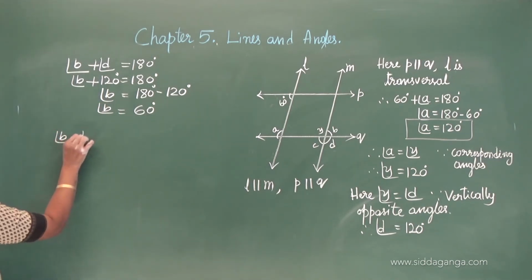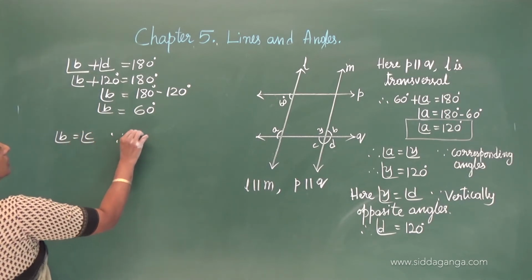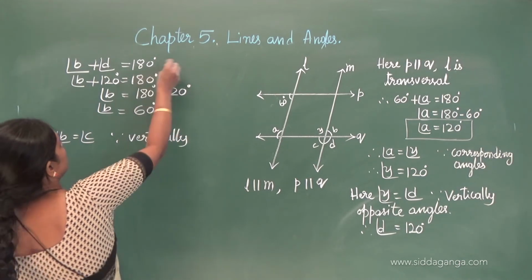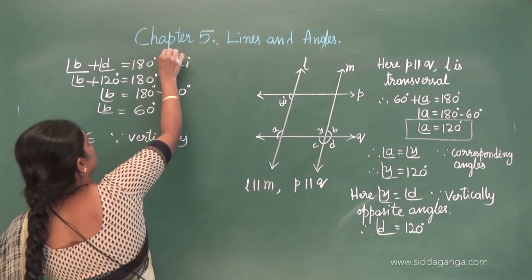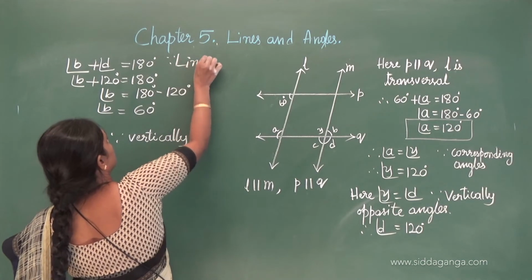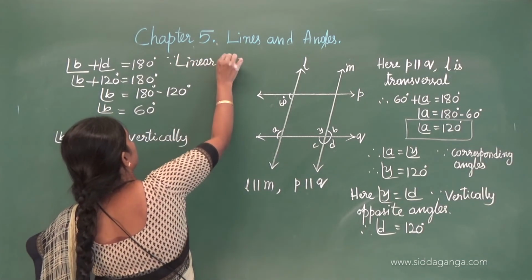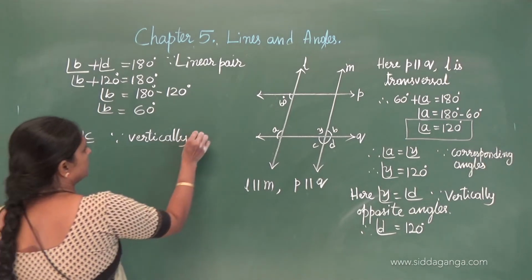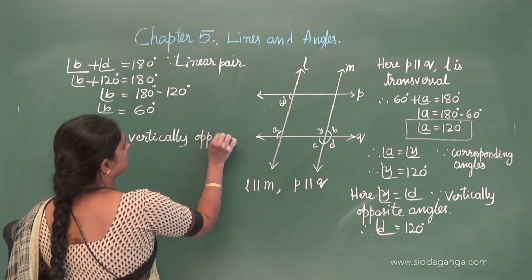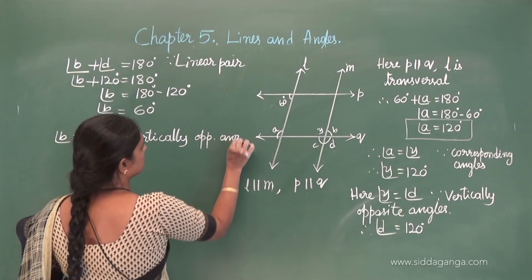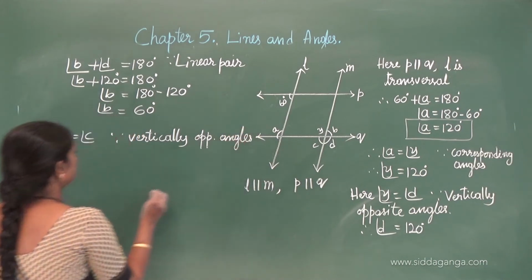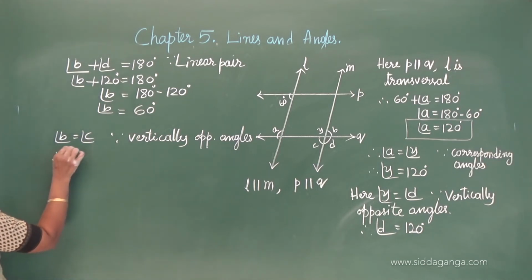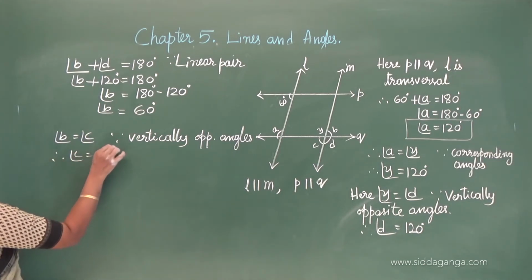Angle B is equal to angle C, since vertically opposite angles. Okay. Then here we can write that angle B is 60 degree, therefore angle C is equal to 60 degree.